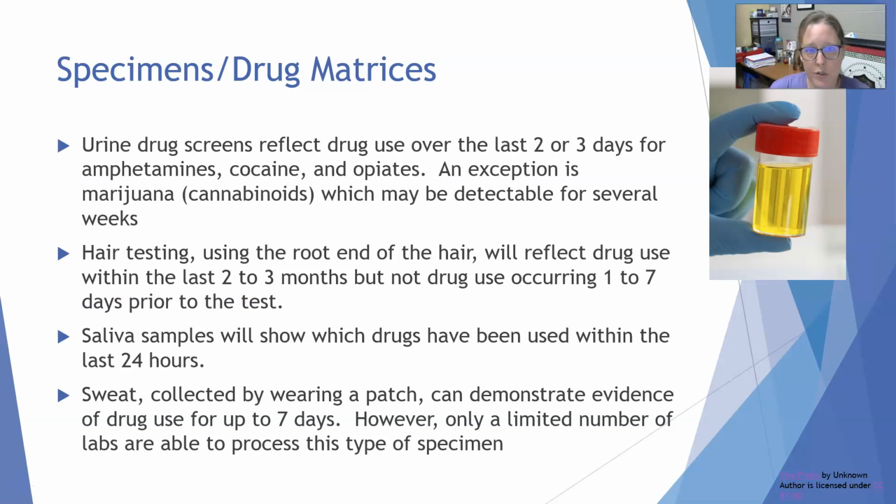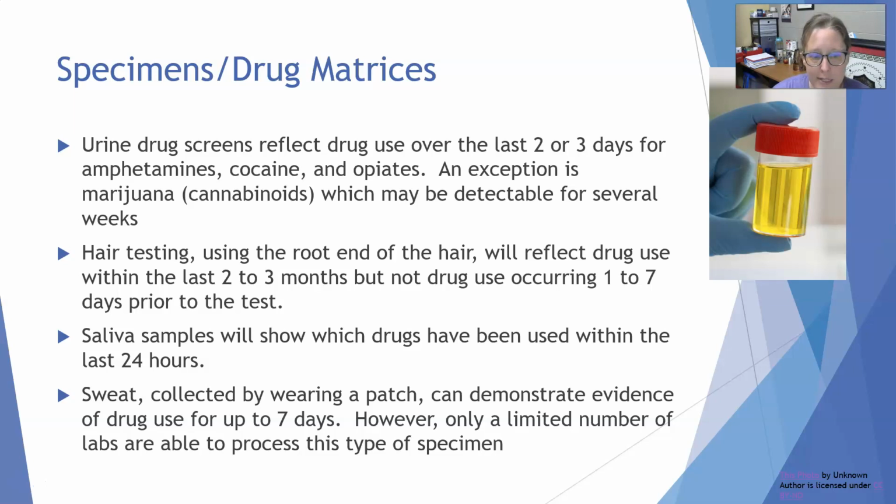Urine drug screens usually reflect drug use over the last 2 or 3 days for amphetamines, cocaines, and opiates. An exception is going to be marijuana. The cannabinoids can be detectable for several weeks. Hair testing using the root end of the hair will reflect drug use within the last 2 to 3 months, but not drug use occurring 1 to 7 days prior to the test.